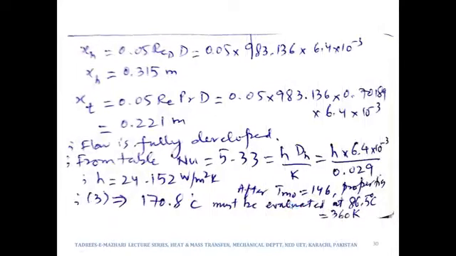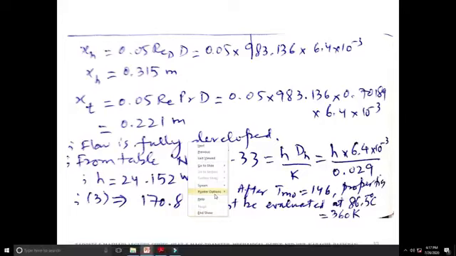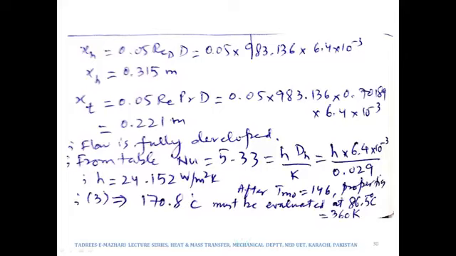Now the last thing that we need to find out is whether it is fully developed or not, for which we need to find out the entrance length, the hydrodynamic entrance length and the thermal entry length. So since it is laminar, we would be using this expression to find out the hydrodynamic entry length, and this is the expression that we will be using to find out the thermal entry length. Again, those expressions are the same as we had used in the previous problem.